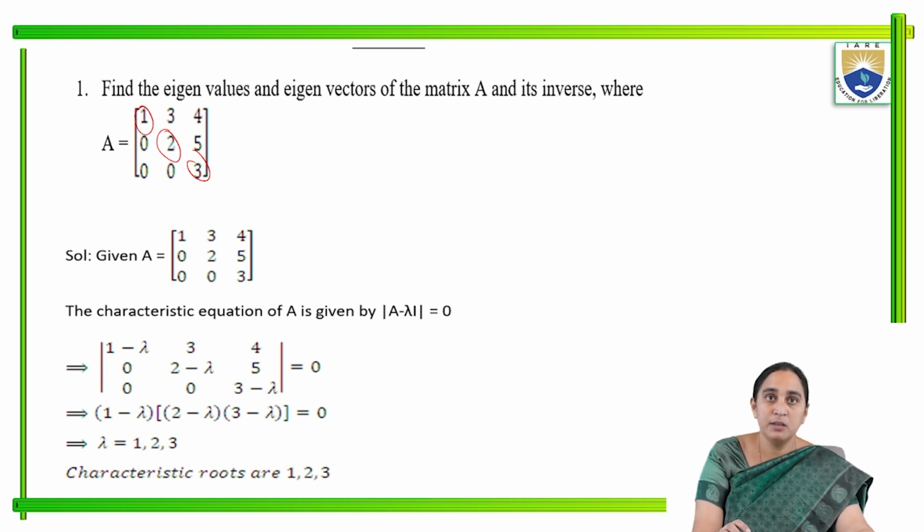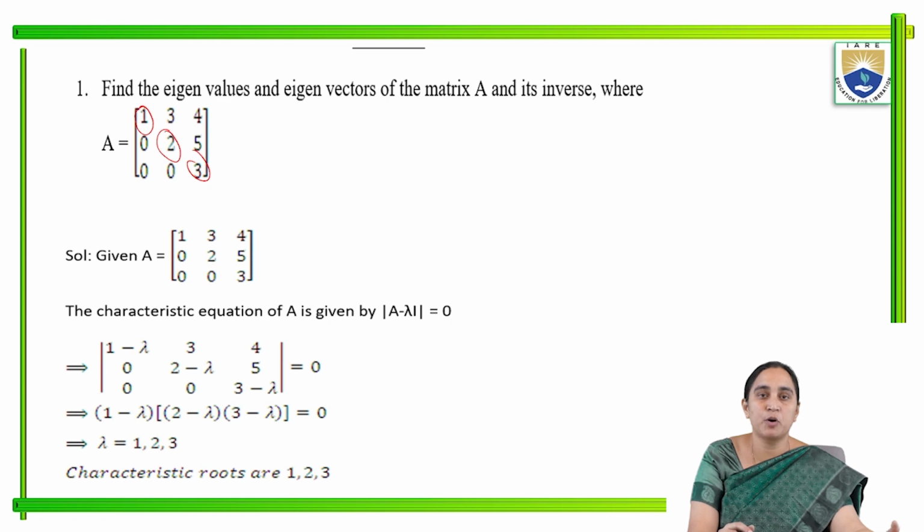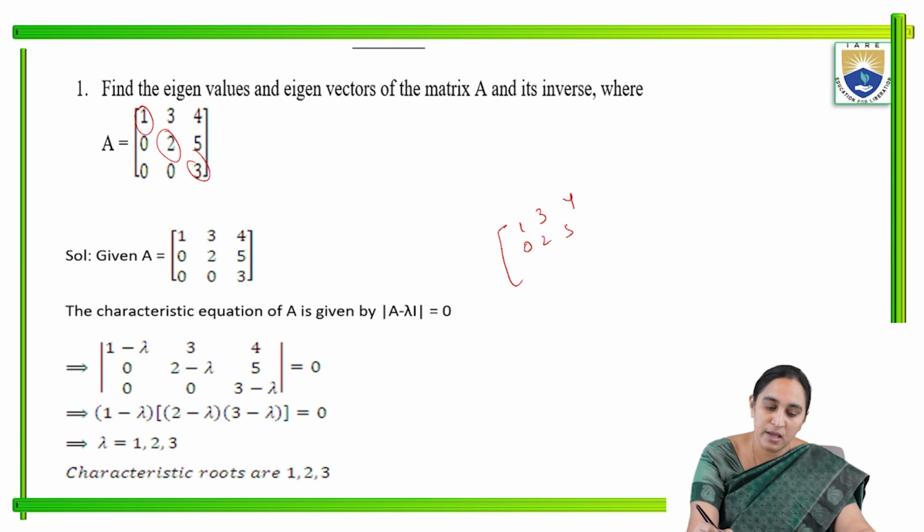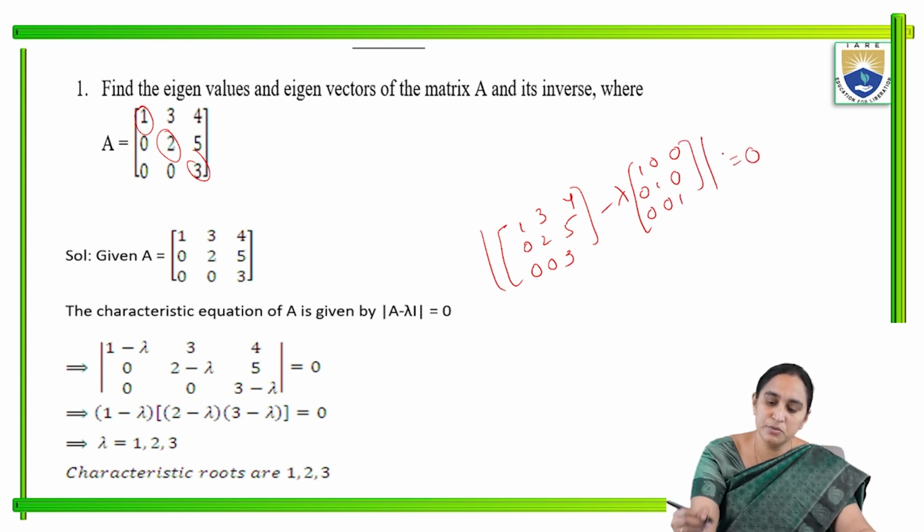Or else, if you don't remember that property, use the general concept for finding eigenvalues: the characteristic equation, determinant of A minus lambda I equals 0. Here A is [1, 3, 4; 0, 2, 5; 0, 0, 3] minus lambda times the identity matrix, which is equal to 0.